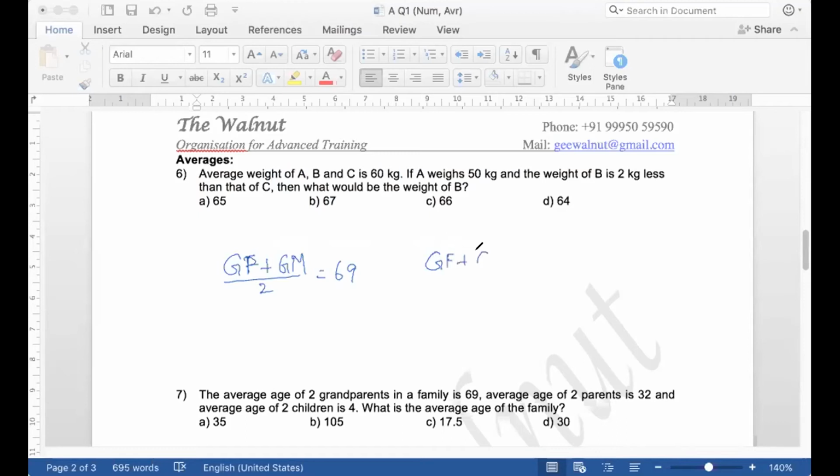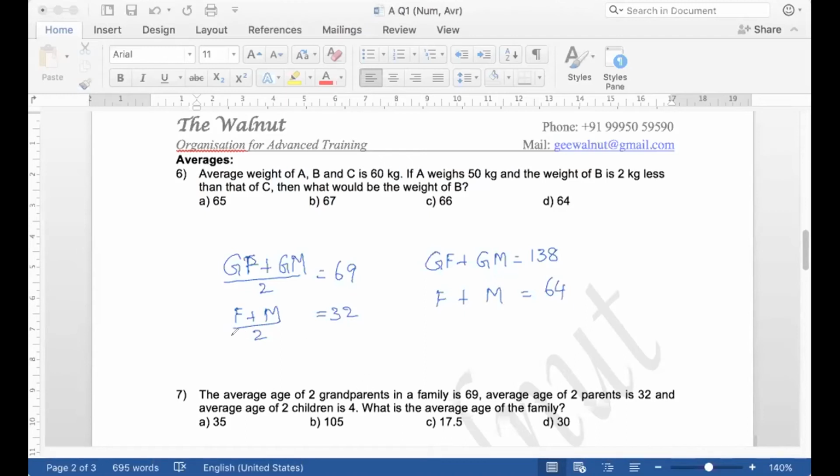Grandfather plus grandmother together is 138, correct? Then parents, father plus mother, average is 32, yes. So father and mother together is 64.